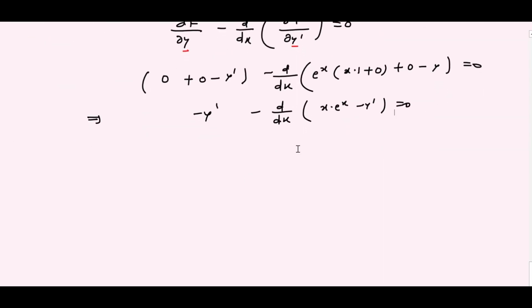So now open the bracket by differentiating with respect to x. Differentiate this whole term with respect to x, apply the product rule, then we will get 1 e to the power of x plus x e to the power of x negative y double dash.